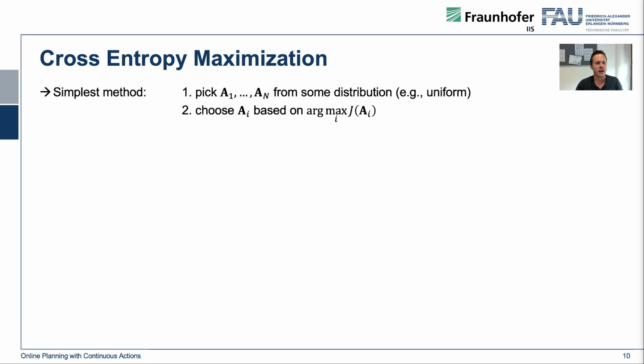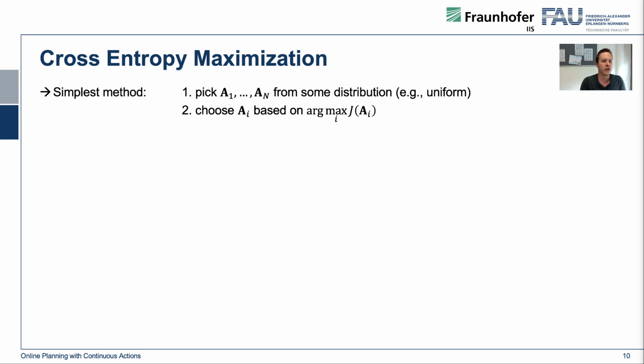However, in the beginning, when we started random shooting or collocation, we picked the action sequences that we actually want to do. We picked an action sequence from some distribution, which could also have been a uniform distribution.